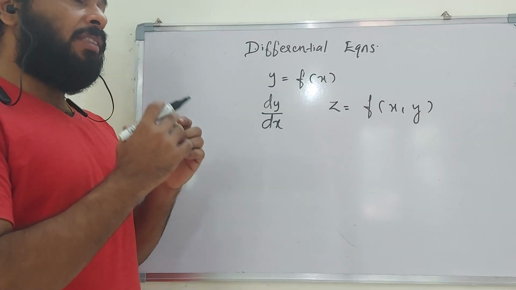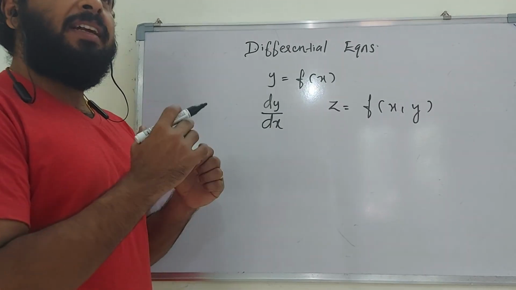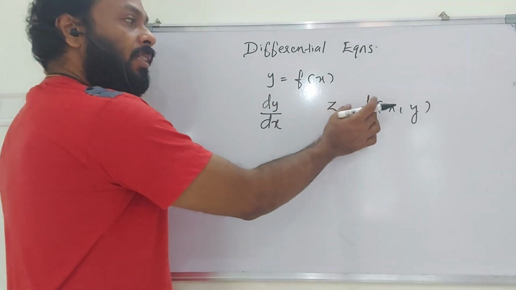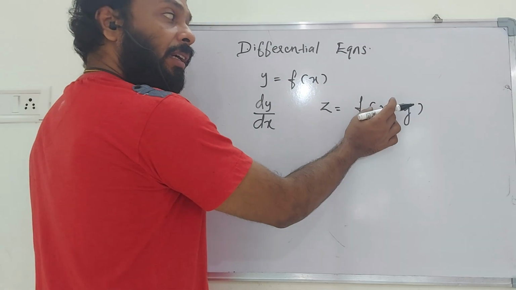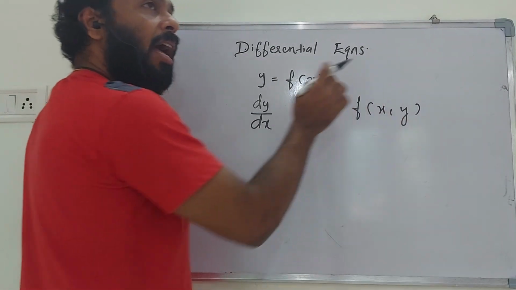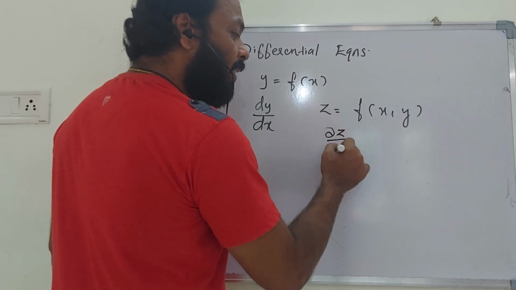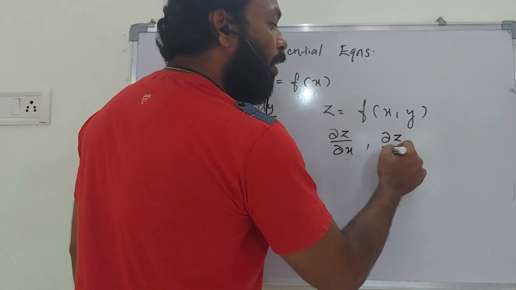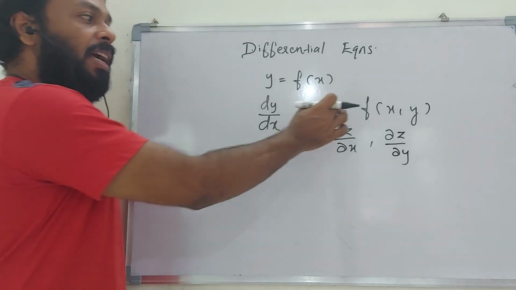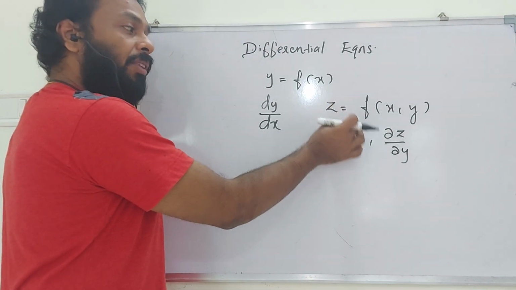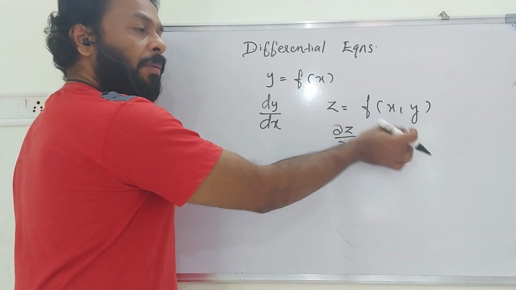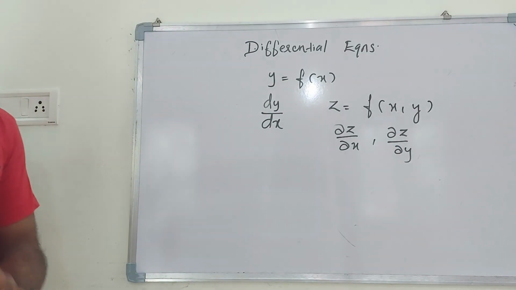So to consider the rate of change of z completely, we have to consider the partial derivatives with respect to x and also with respect to y. So we use the symbols dou z by dou x and dou z by dou y to represent there is a partial change in z with respect to x and a change in z with respect to y also.